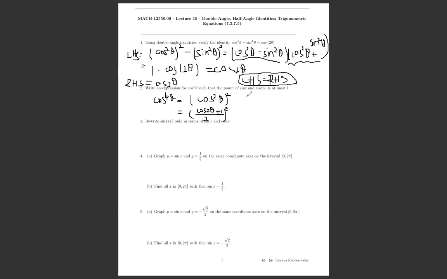The next thing is to expand the square. We have over 4, the top is cosine square of 2 theta plus 2 times cosine of 2 theta plus 1.